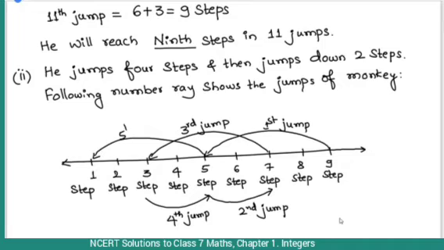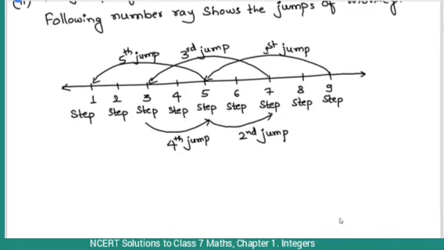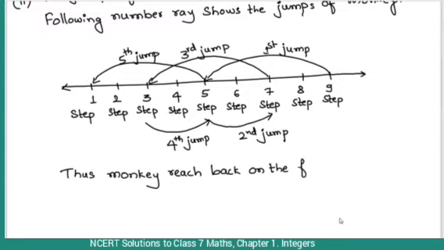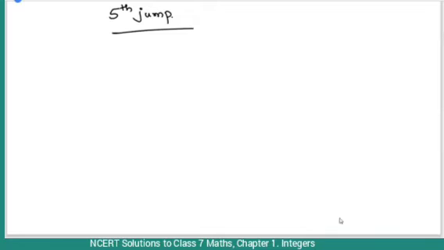From 5 it goes to the 1st step at the 5th jump. Means we have to add first 4, afterwards subtract 2. Thus, the monkey reached back on the first step in how many jumps? The monkey reached back on the first step in the 5th jump. So this is about the second one.